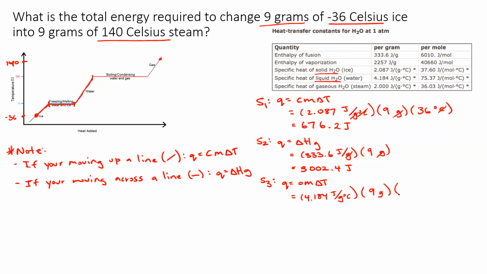And our difference in temperature here is from 0 to 100, so it's 100 degrees Celsius. Cancel all this out, plug that into your calculator, and you'll get 3,765.6 joules.